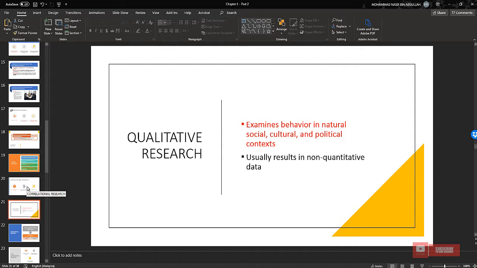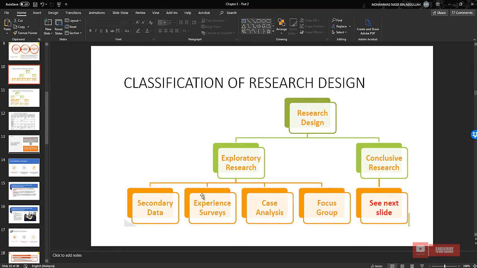Exploratory research design is called qualitative research. There are two types of research: qualitative research and quantitative research. Qualitative research examines behavior in natural, social, cultural, and political contexts. It usually results in non-quantitative data. The source of the data may come from secondary data, a case study, focus group, and experience survey, which we have discussed.